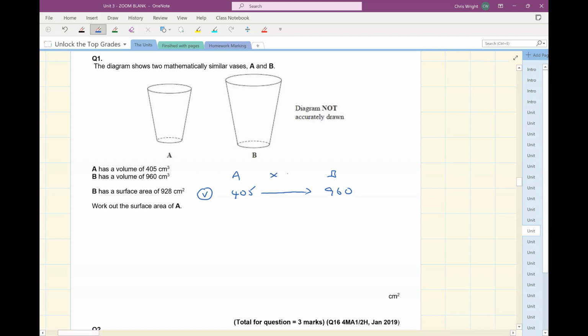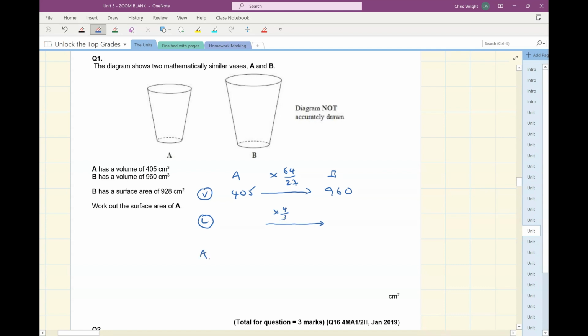So the volume scale factor is 64 over 27. Right, well that will help me work out the linear scale factor, because it's going to be the cube root of the volume scale factor. So if I cube root the volume scale factor, I get 4 over 3, so that's the linear scale factor.